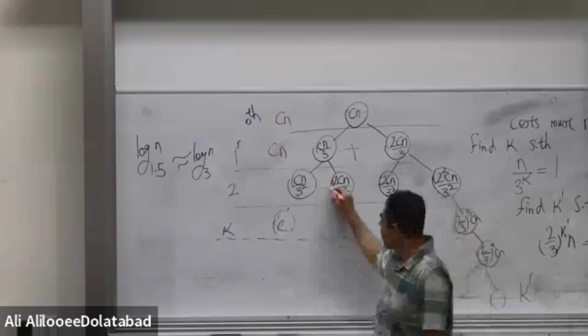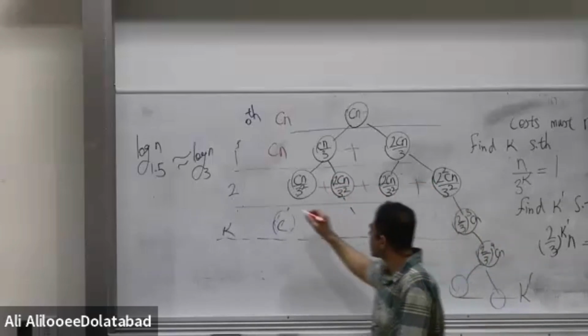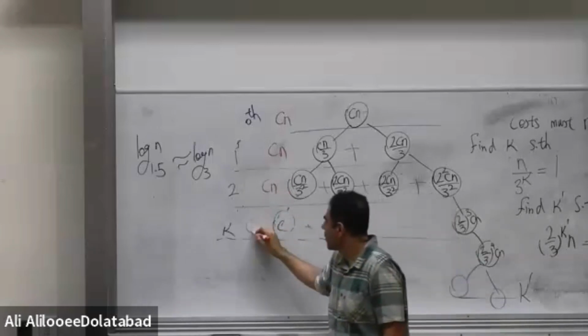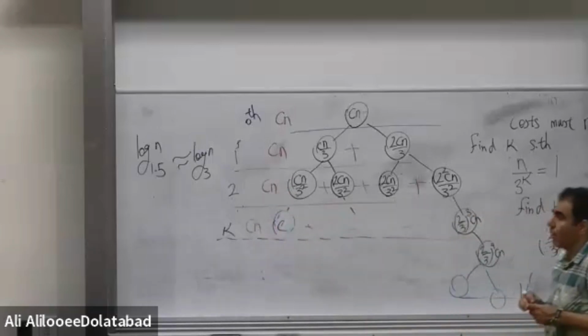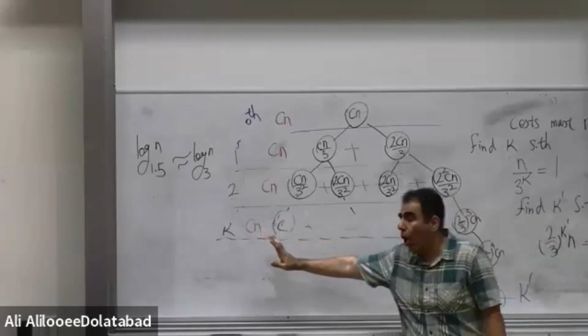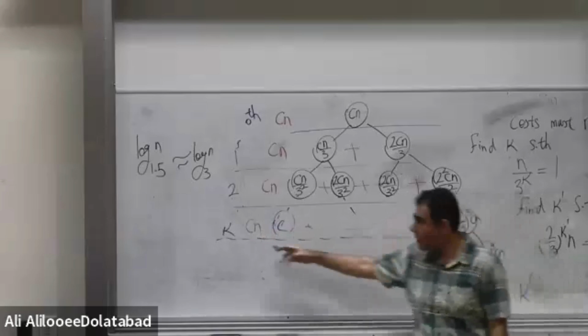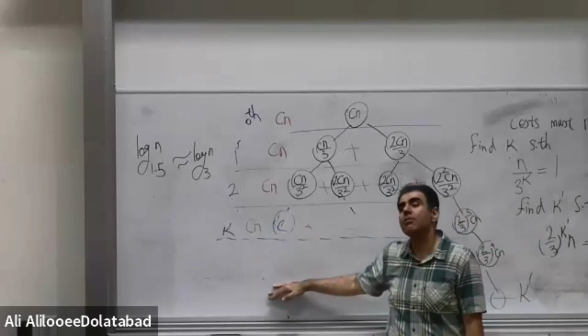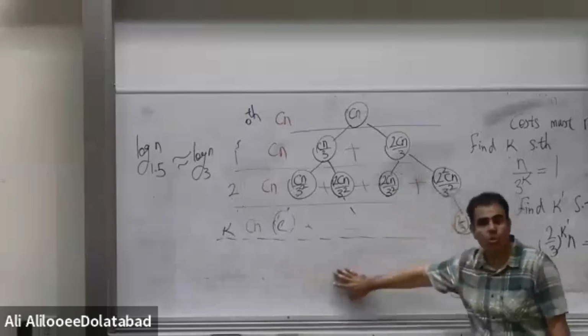In the second level, again the same. If you add these costs, you will get Cn. Same story for this one. As long as all nodes are there, the cost is Cn. But after level K, the cost is not Cn. Why? Because there are some missing nodes.